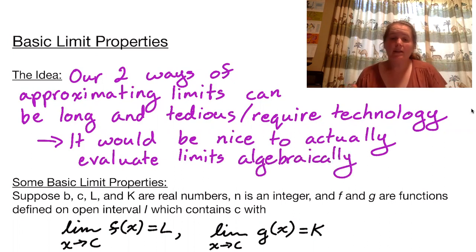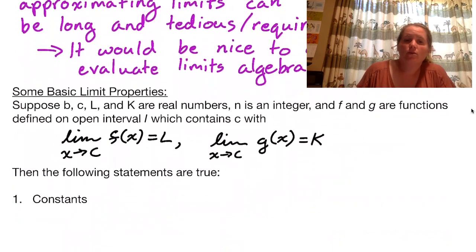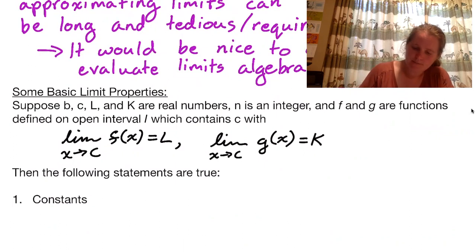So before we get into that evaluation, we want some basic properties that will allow us to generalize as we learn our new different ways to evaluate. So just some key facts here. Let's say that B, C, L, and K are all real numbers.